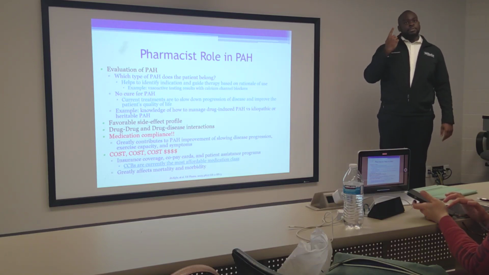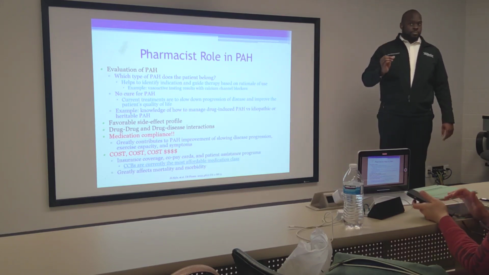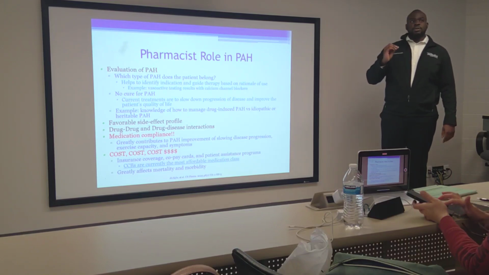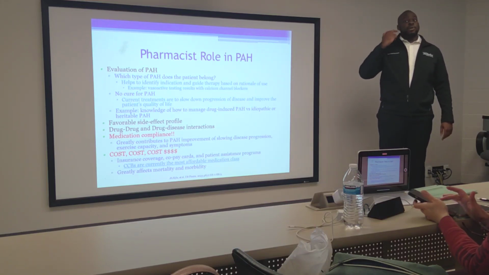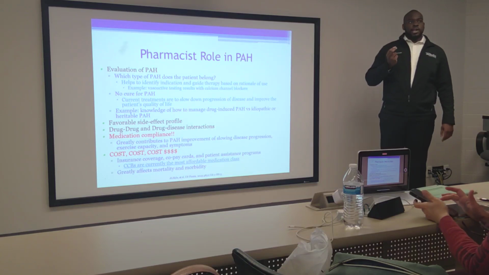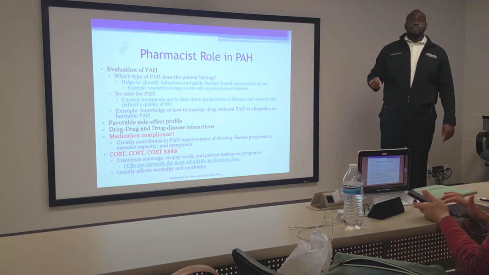And when I say compliant, I'm talking about: is the side effect profile safe for them? First off, is it going to work for them, is there a rational use? And lastly, will they be able to afford it? Because I have to think not just about a month, but about the rest of their life. So if they can use calcium channel blockers, by all means, I'm going to start with those first.